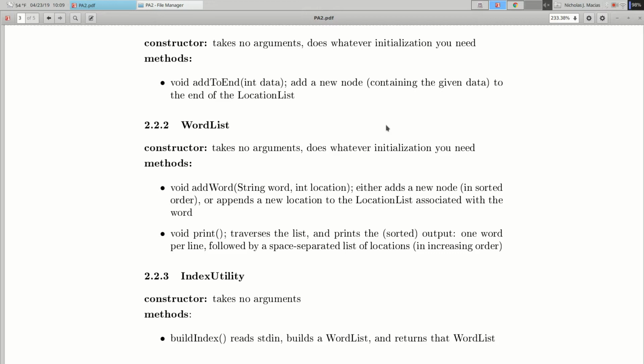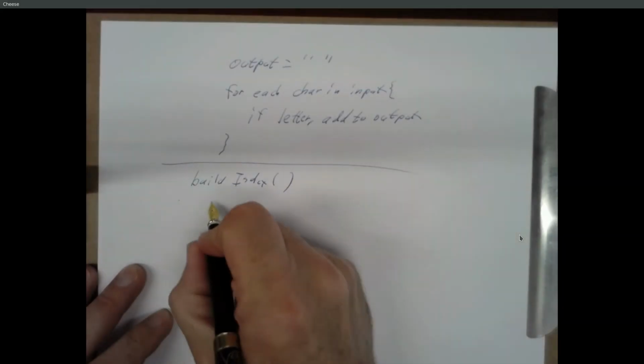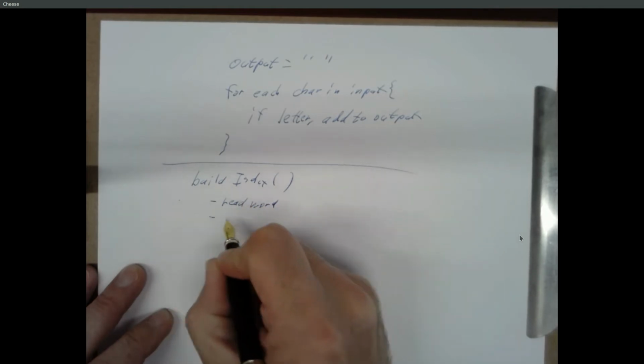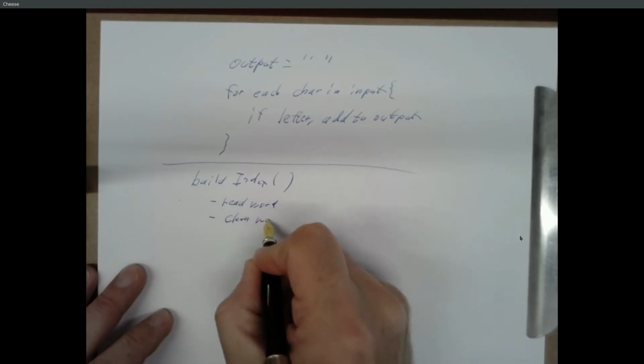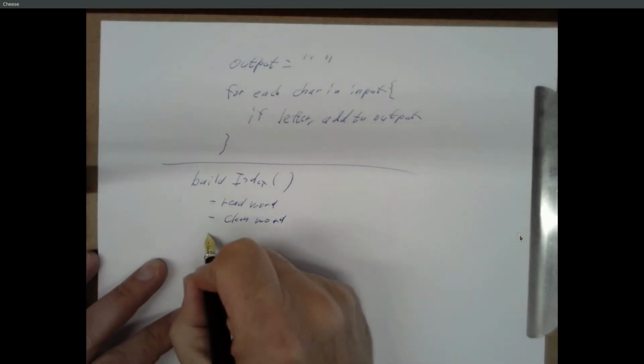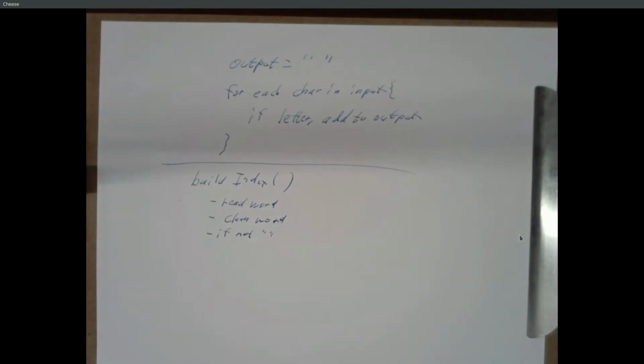So build index. Word list has an add word. Okay, so what does build index do? Read a word. Clean the word. Make it lowercase. Get rid of special characters and so on and so forth. And if you're left with anything, if you read the word 1, 2, 3, when you clean it up, it's just going to be an empty string.